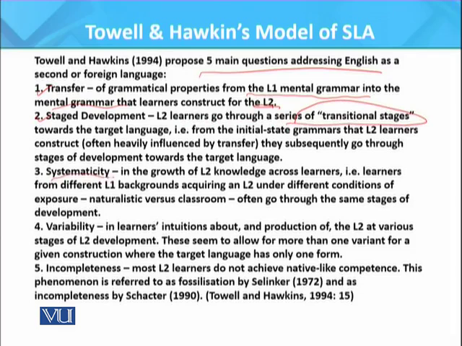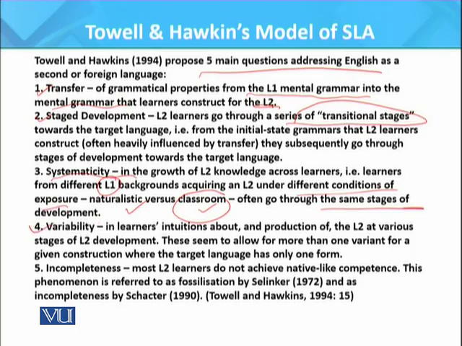Then systematicity, in the growth of second language knowledge across learners from different first language backgrounds acquiring the second language under different conditions of exposure. It can be naturalistic versus classroom, the natural way of developing language habits, or through explicit instruction in the classroom. But both go through the same stages of development.